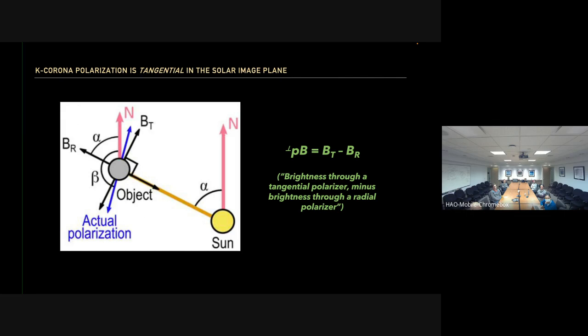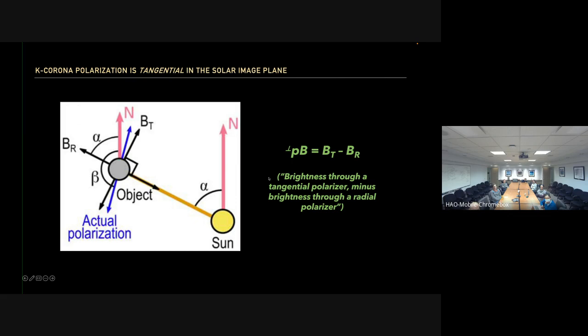Okay, so that means we have to understand what the polarization is specifically. So in the K corona, the polarization from Thomson scattering is tangential, right? The component of the light polarized in a radial direction is attenuated, so the net polarization is perpendicular to that.